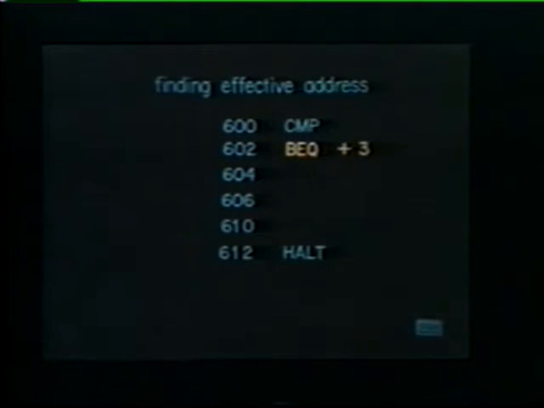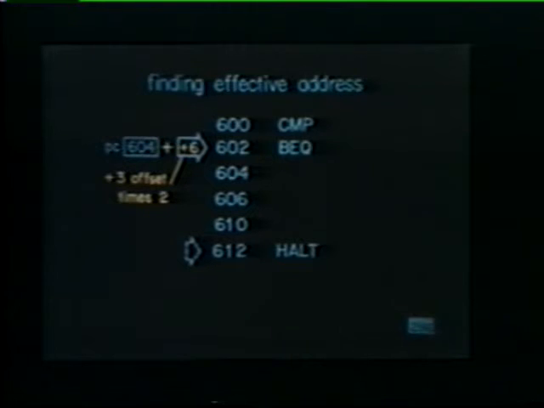Let's assume that the results of the compare were equal to 0, and now the program must execute the BEQ +3 instruction. How does it use this offset of +3 to calculate the effective address? The program takes the offset value of +3, multiplies it by 2, and adds the result of +6 to the current contents of the program counter. Notice that these 2 values added together result in the octal number 612, which represents the effective address of our halt instruction.